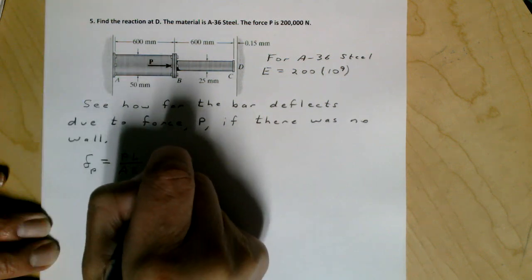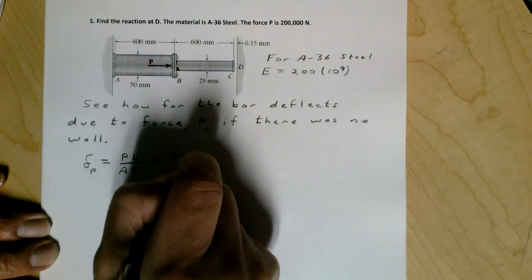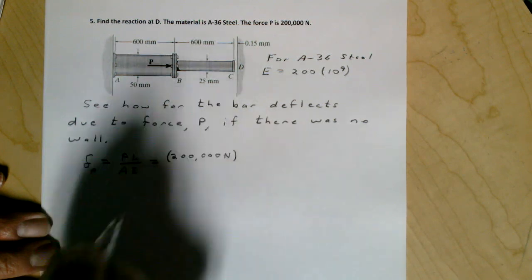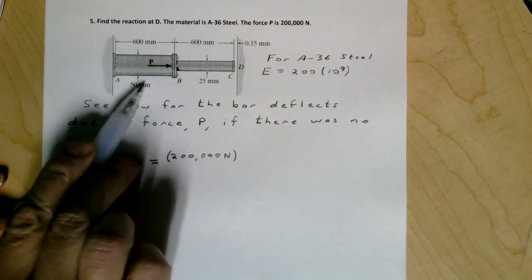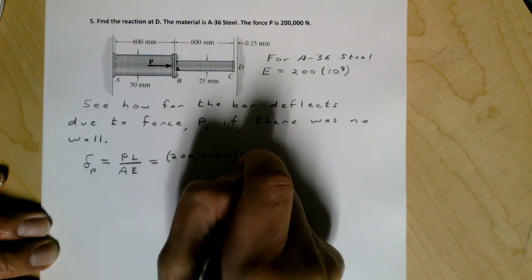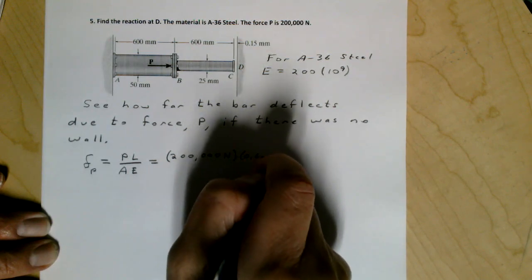We know P is 200,000 newtons. The length of the section to which the force is applied is 0.6 meters.